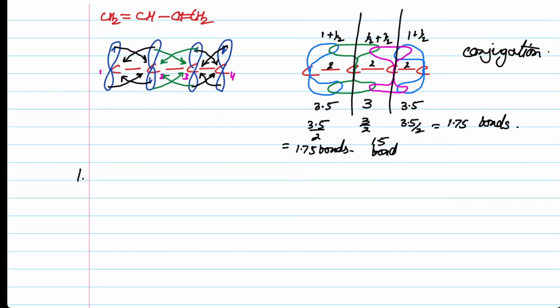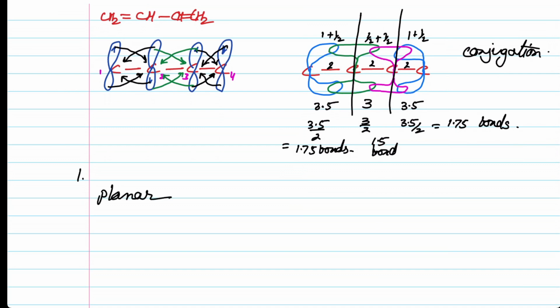When we say parallel orbital, then there are two corollaries. The very first corollary would mean that the part of the molecule which is taking part in conjugation must be planar.